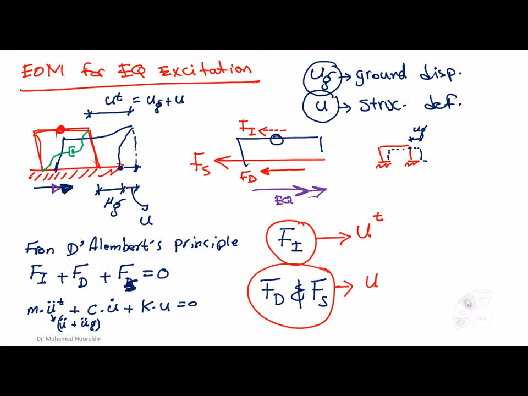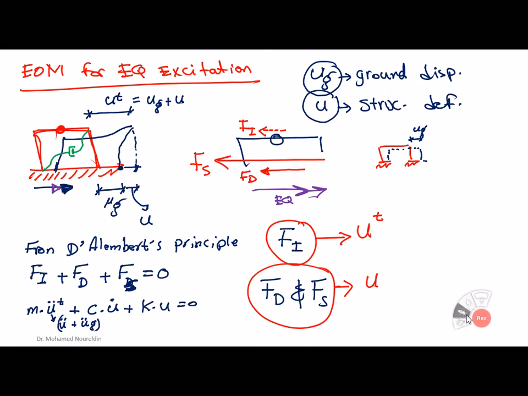But when we look at our structure here, this is the original structure. However, this original structure moves rigidly with ug and is deformed by some amount, which we call u.